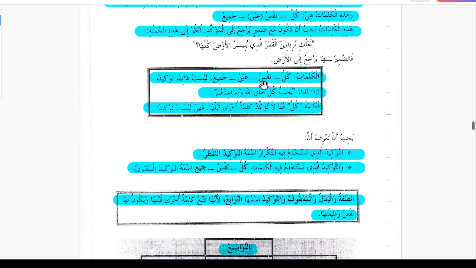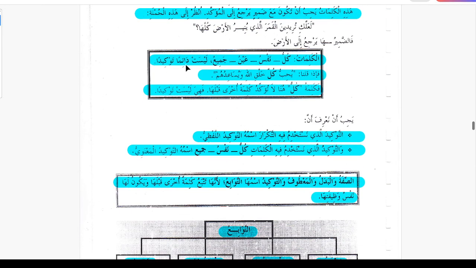But these words, kullu, nafsu, ainu, jamiyu, can come without emphasis also. It is not that they always come for emphasis.